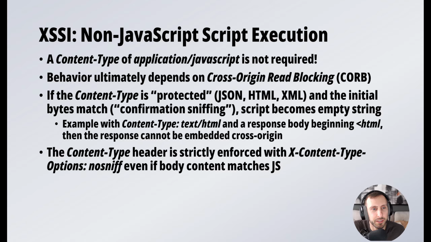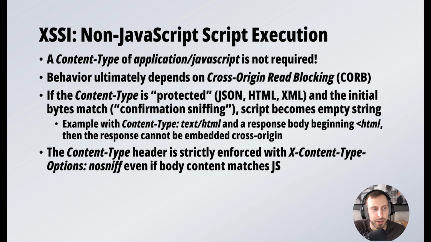But in general, a content type of application/JavaScript is not required in order to coerce a browser to try and interpret a resource as JavaScript. The behavior now ultimately depends on a modern mechanism that we call cross-origin read blocking, or CORB, and it actually has a very complex set of rules.